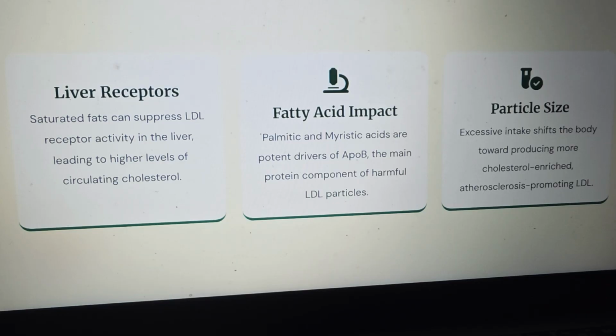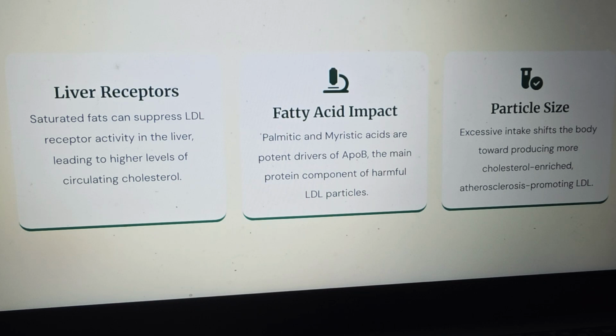Okay, the other one is the fatty acid impact. The palmitic and myristic acids are potent drivers of ApoB, the main protein component of the harmful LDL particles. The other one is particle size.